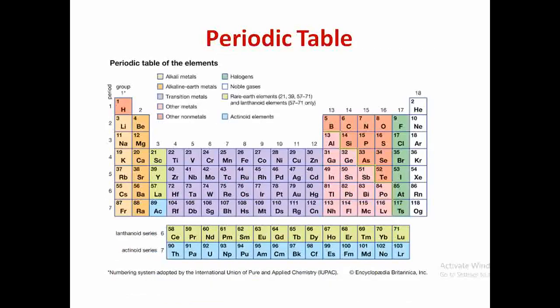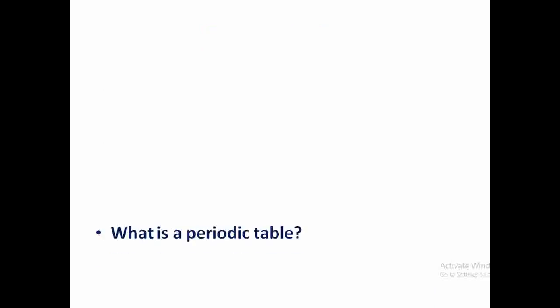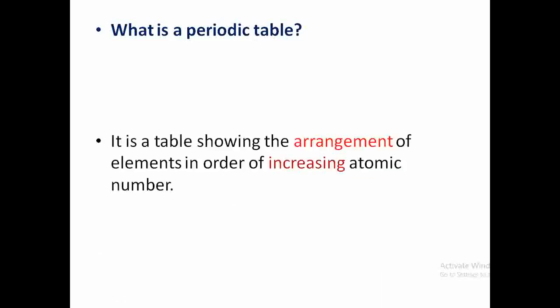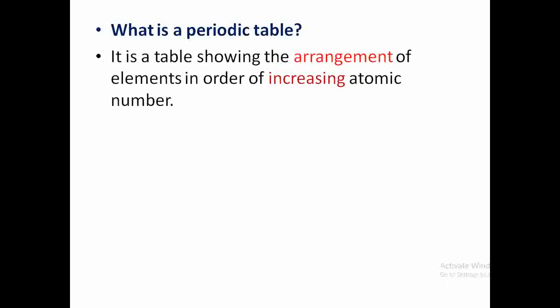This is how the periodic table looks. What is a periodic table? It's a table showing the arrangement of elements in order of increasing atomic number.